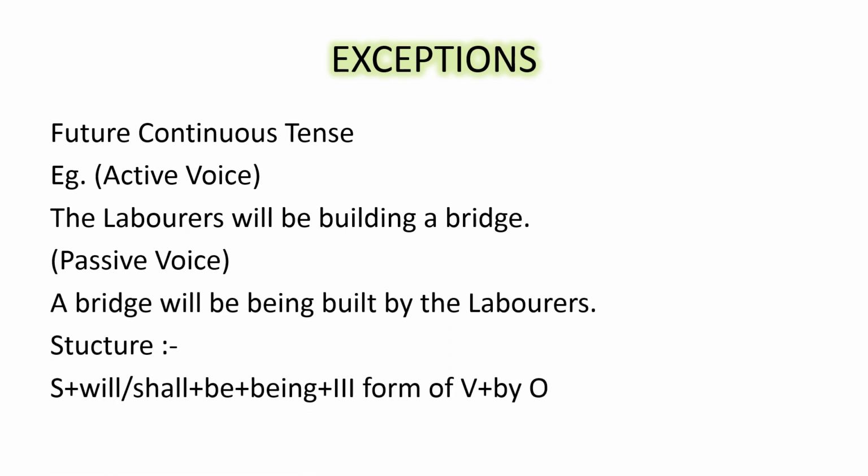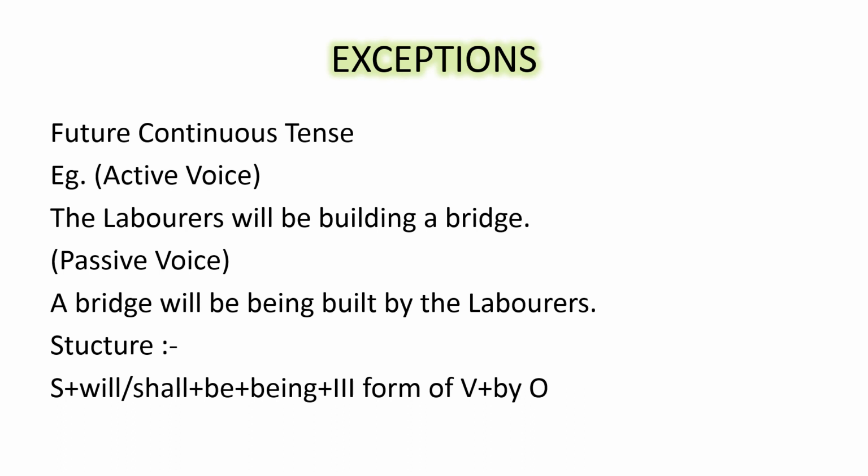There are some exceptions also. As I told you earlier, future continuous and present, past and future perfect continuous do not have passive voices. But in some cases, even these could be made into passive voice. For example, in future continuous tense, if I take an example in active voice, the laborer will be building a bridge.